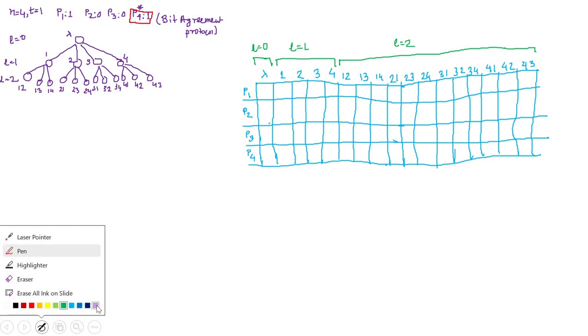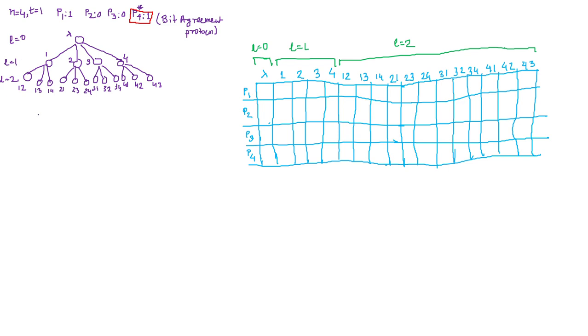The protocol will run for t plus 1 rounds. In our case t is 2, so 2 rounds will be there. But before that, let's start with initialization.